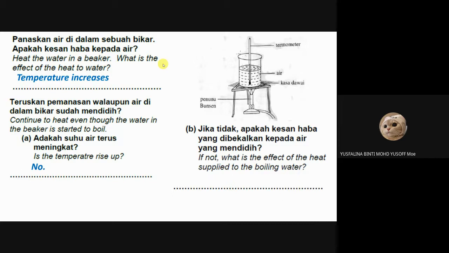Because the molecules want to move much further, it needs more energy to break up the bond. So it uses the energy to break up the bond, and the temperature will not increase. What is the effect of the heat supply to the boiling water? It will break up the bond between water molecules and change to steam.